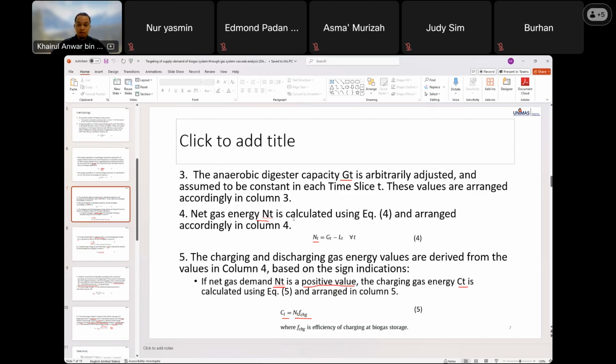The net gas energy NT is calculated using equation 4, arranged accordingly in column 4.